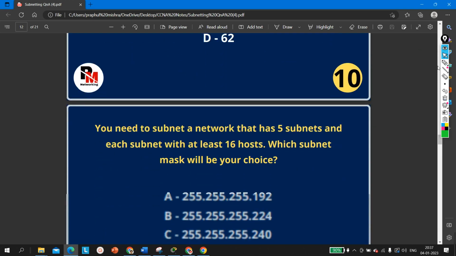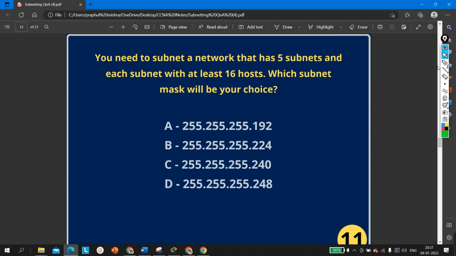Then this question: you need to subnet a network that has 5 subnets. Now we need to divide a network into 5 networks. As we discussed yesterday, we cannot divide a network into 5 parts. Either we can divide it into 2 parts, 4 parts, or 8 parts.